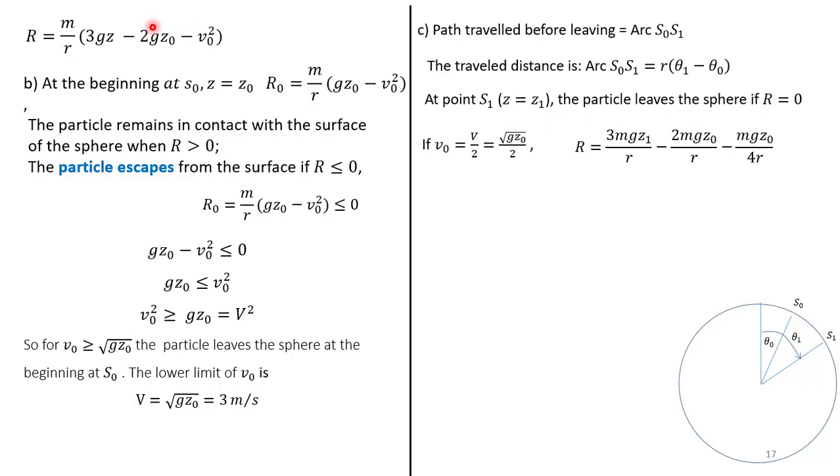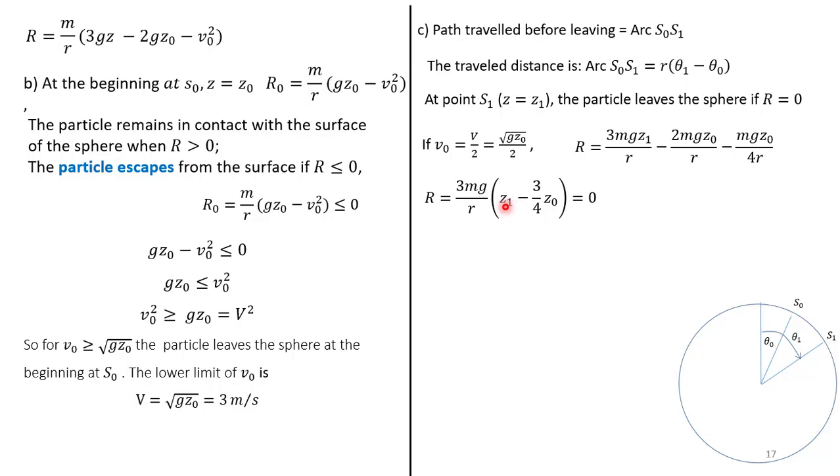So if you substitute v0 with radical of gz0 over 2, you will find this expression for R, and this is R at S1. This should be equal to 0.